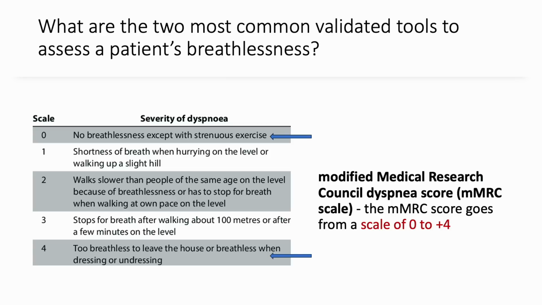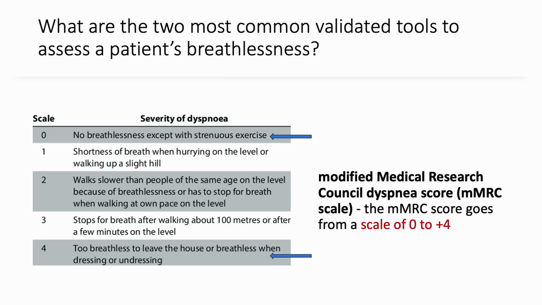The second common validated tool to assess a patient's breathlessness is called the Modified Medical Research Council Dyspnea Score, also called the MMRC scale. The MMRC score goes from a scale of 0 to 4. This is a subjective questionnaire that you ask the patient during the visit, or you can ask them to fill this out before their visit.